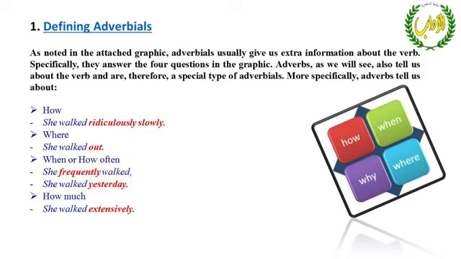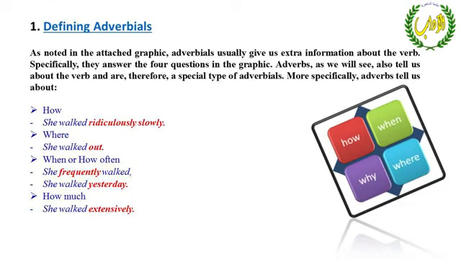Let us start by defining adverbials. As noted in the attached graphic, adverbials usually give us information about the verb. Specifically, they answer the four questions in the graphic. Adverbs also tell us about the verb and are therefore a special type of adverbial.